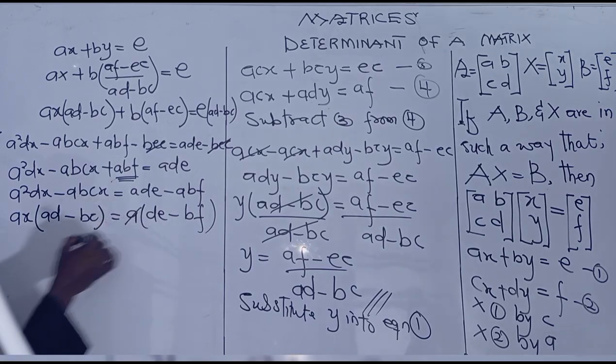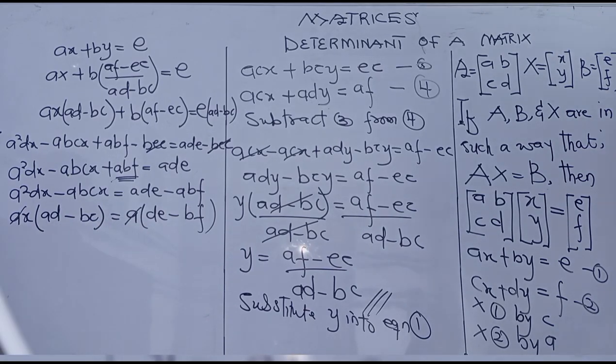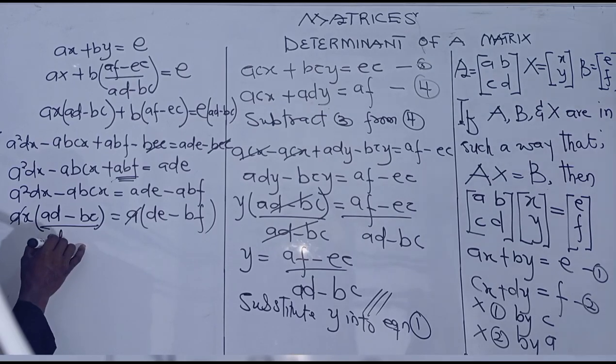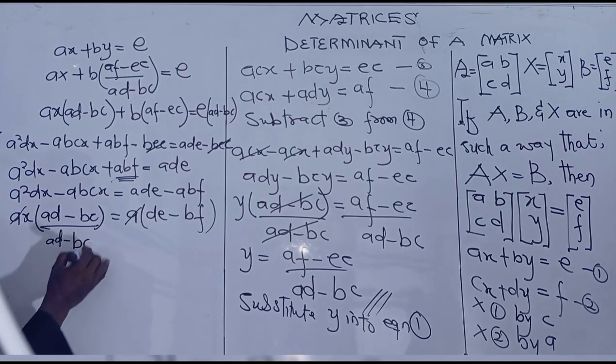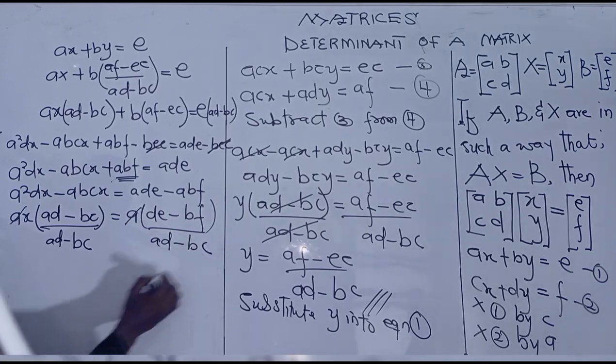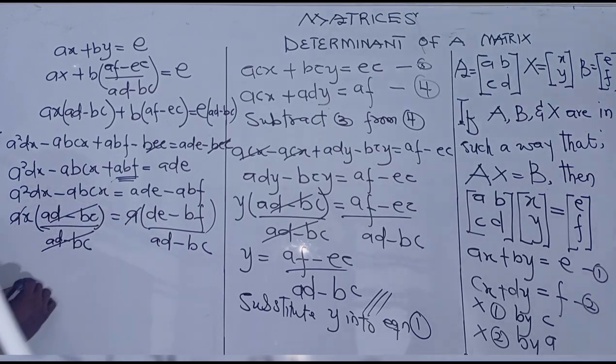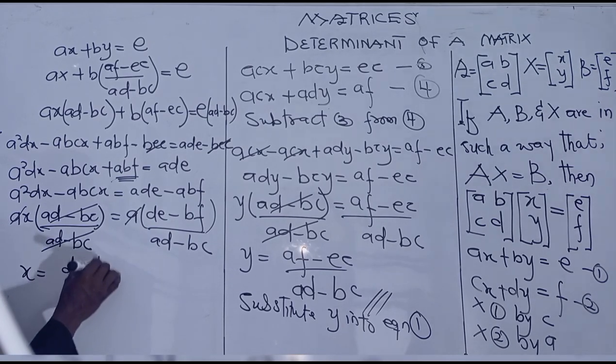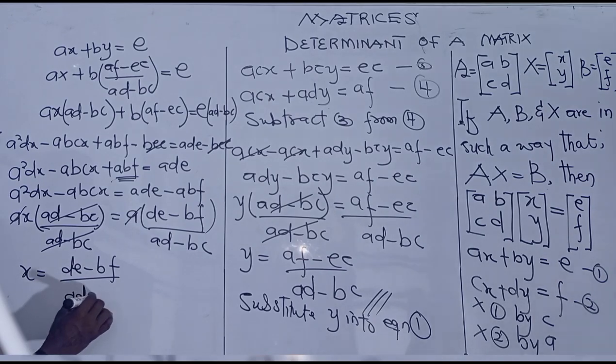You can see that this A cancels this A. We are left with X, and our interest is to find the value of X. So let's divide both sides by AD minus BC, and this will cancel this. We have X equal to DE minus BF, all over AD minus BC, and that is the value for X.